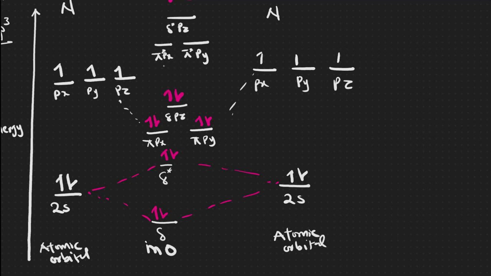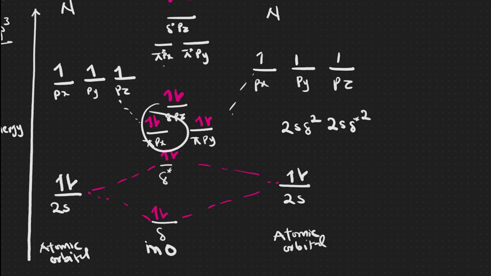So writing the molecular orbital electronic configuration of the nitrogen molecule, we start with this, which is 2s sigma. There are 2 electrons there. Then followed by this, which is the 2s anti-sigma orbital. There are 2 there.